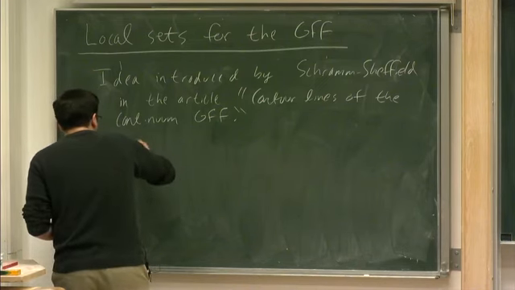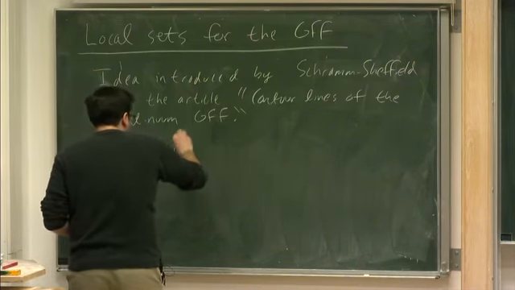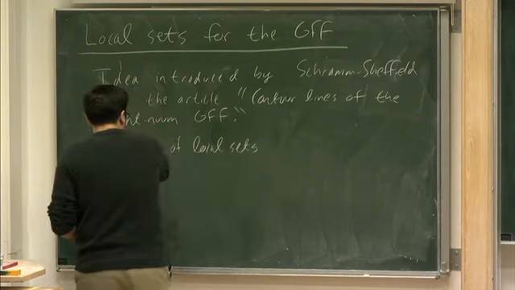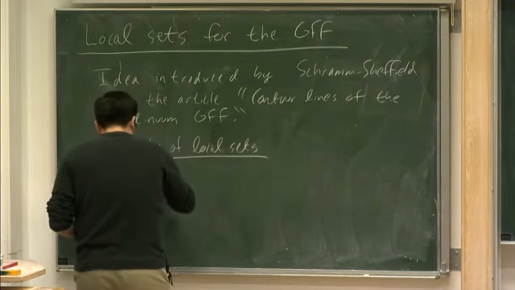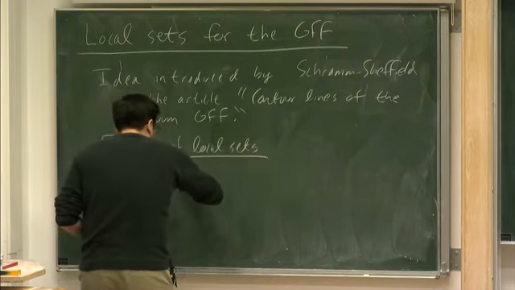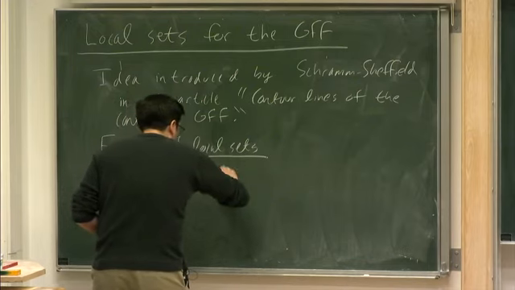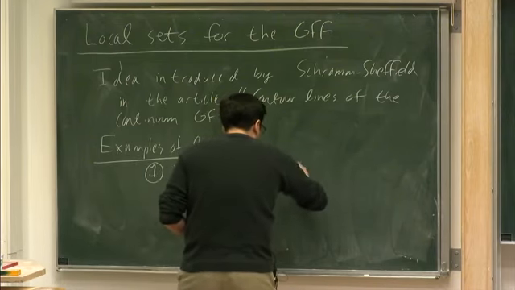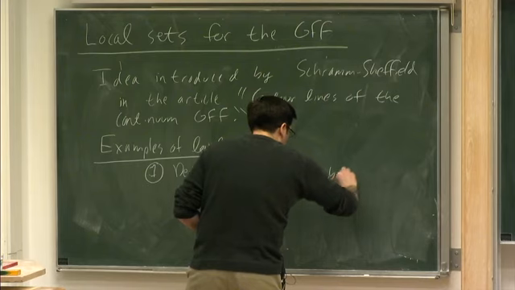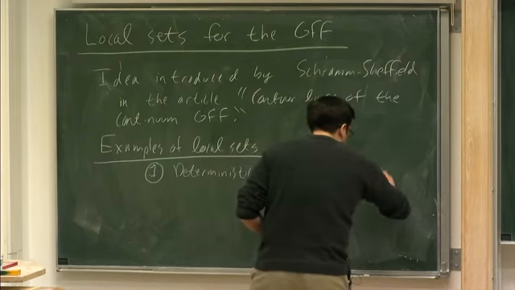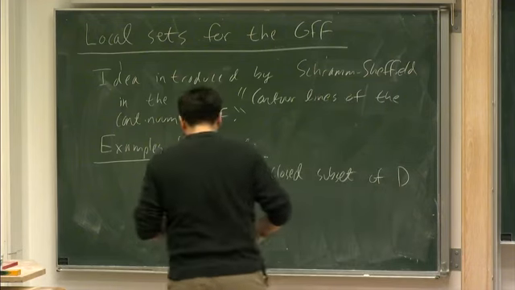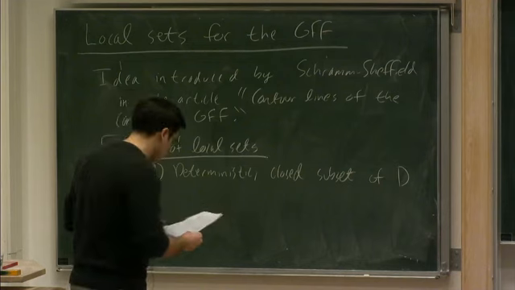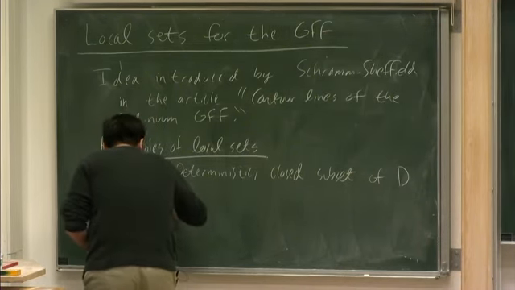So here are some examples of local sets. So first of all, if you just have a deterministic closed subset of your domain, then the Markov property tells you that this is going to be a local set. Okay, so that's kind of the simplest example.